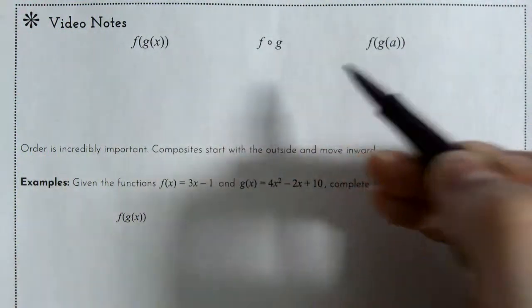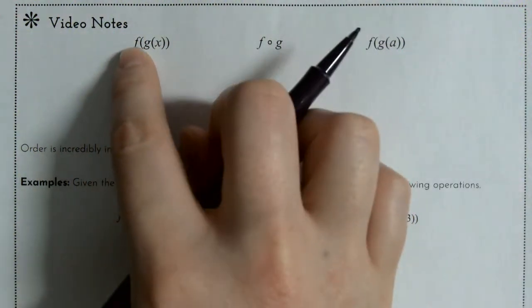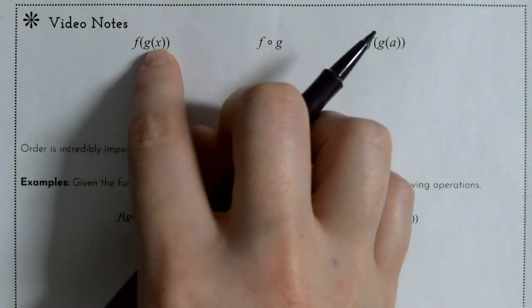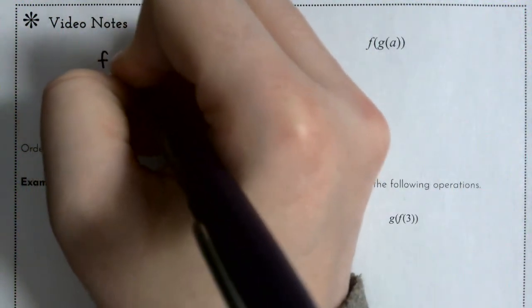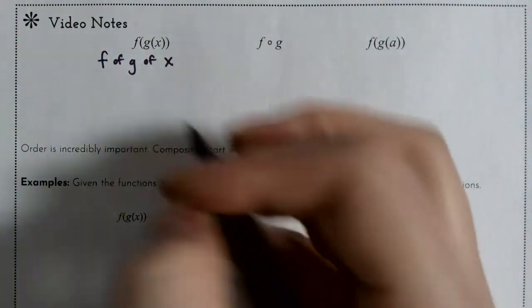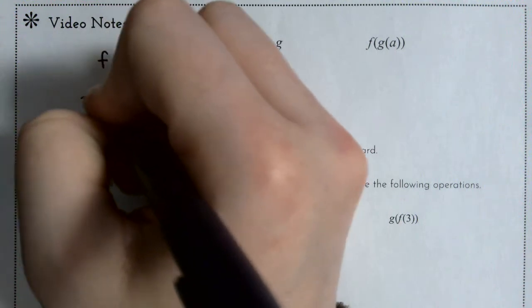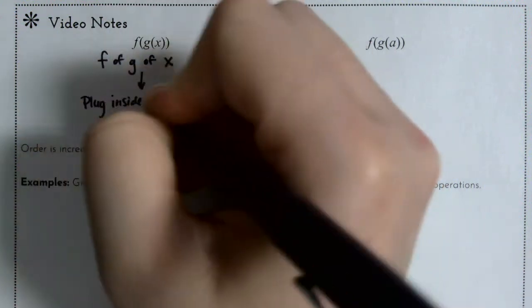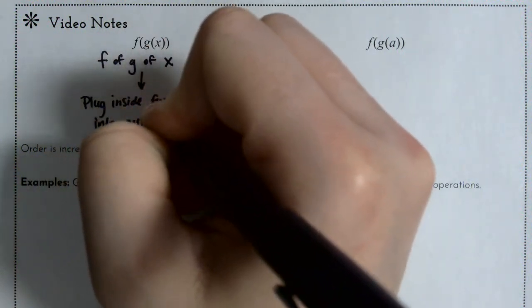And so here are the notations you're going to need to know. One looks like this, pronounced f of g of x. If you want to write that down, it's f of g of x. What that means is that you want to plug the inside function into the outside one.